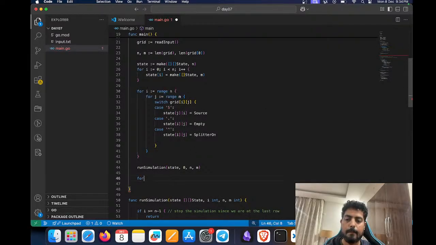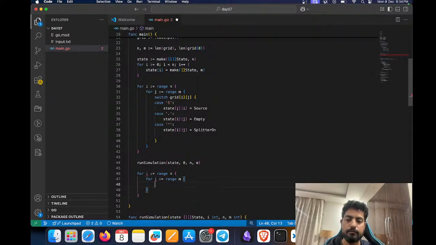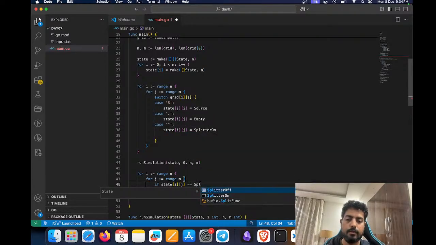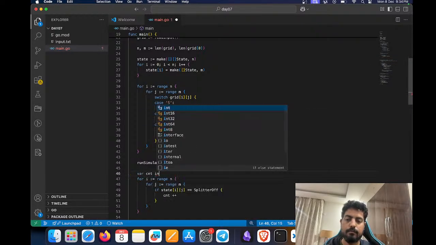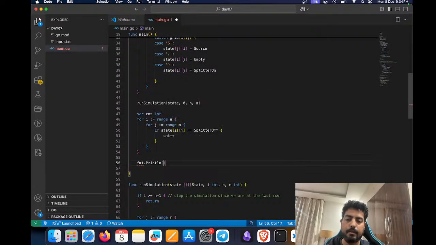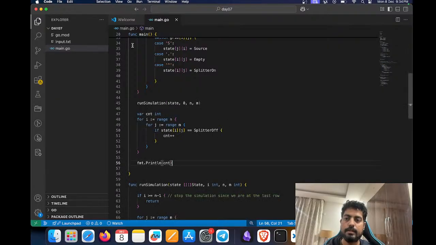So for this thing, if state[i][j] is equal to splitter off, then count plus plus. So this is our answer, fmt.Println(count), and let's try to run this.